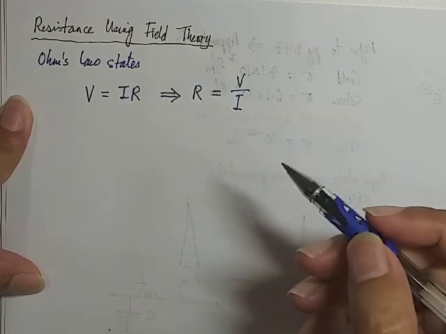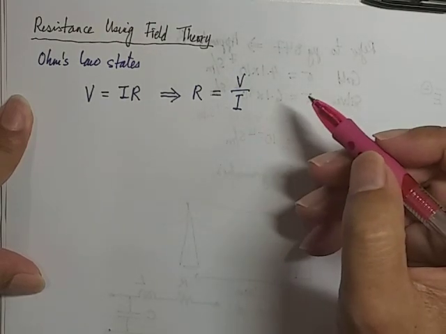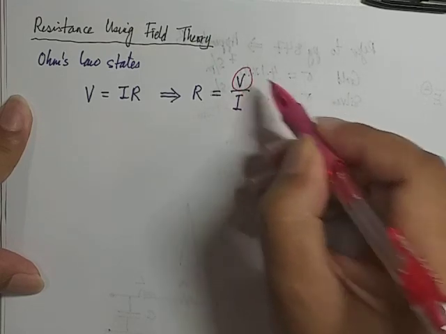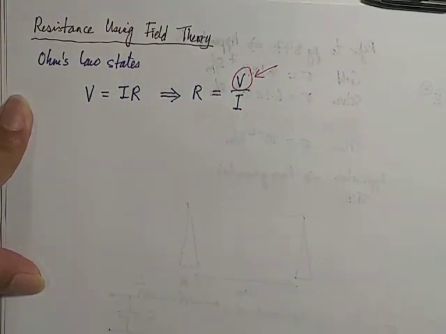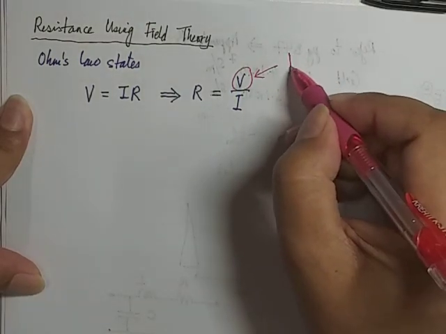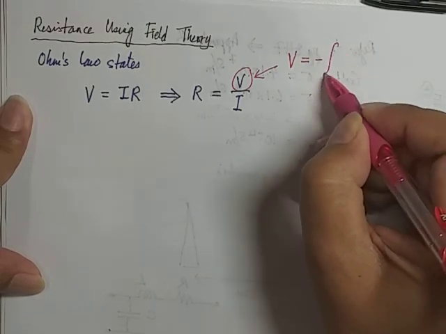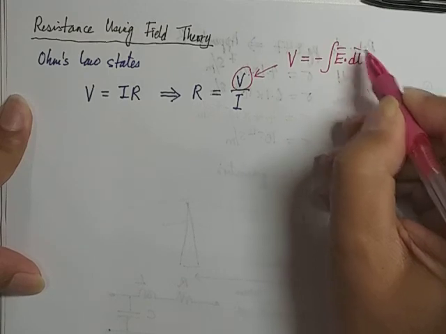We know from the field theory that we learned before how we determine potentials. Anyone recall how we determine potential from our previous lecture? We know that V can be determined by using the formula V equal to minus integration of E dot dl.